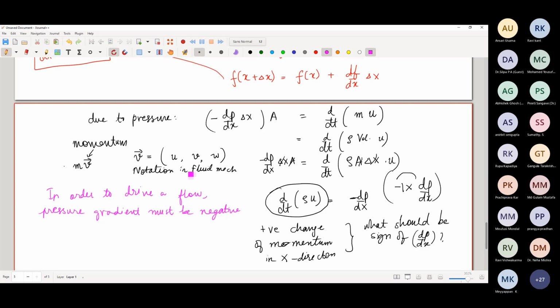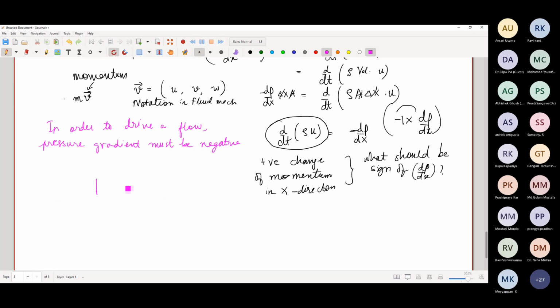So if the flow has to go from left to right, intuition does say that the pressure over here, if I call it P1, and this P2, P1 has to be greater than P2. Otherwise, how will it push the fluid? So P1 is greater than P2 for x1 less than x2.